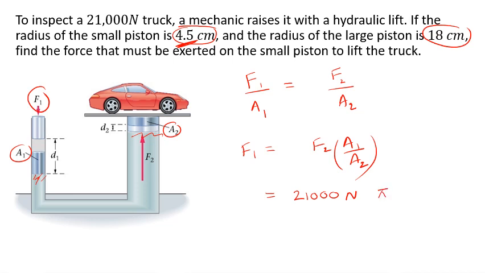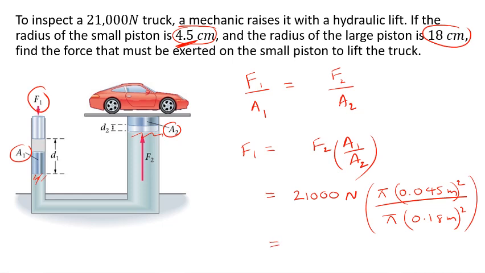You have to convert the 4.5 centimeters into meters, so that will be 0.045 meters, and you take the square of that value, divided by again pi times the radius of 18 centimeters, that means 0.18 meters squared.